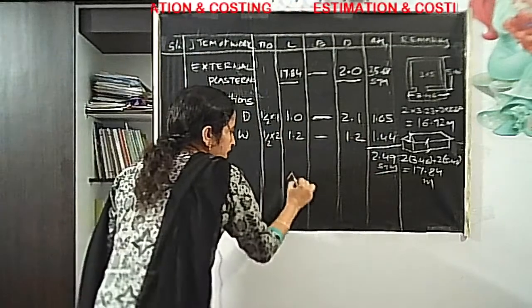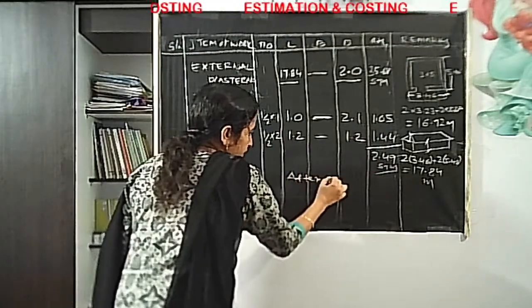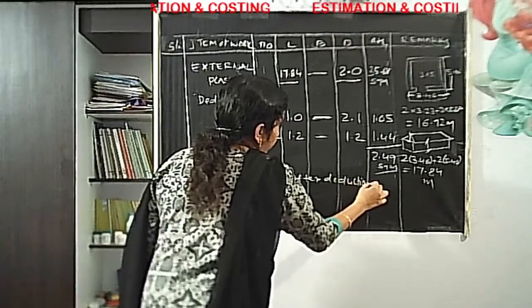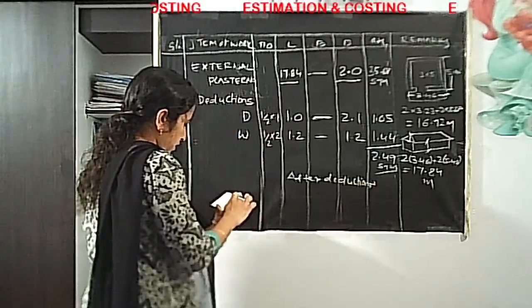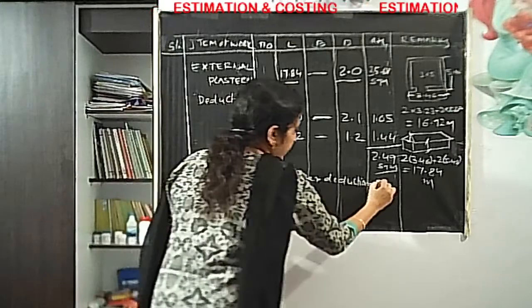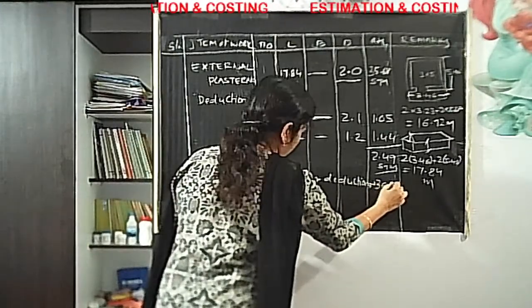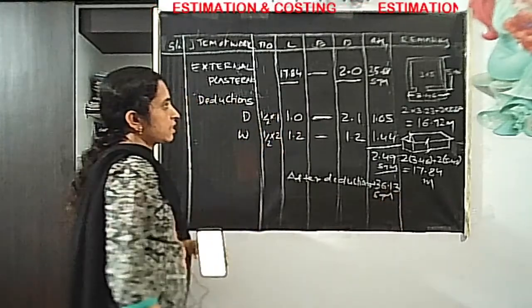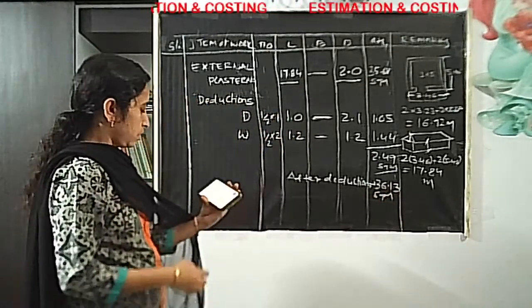So, after deductions, you have the plastering quantity as 36.13 square meter.